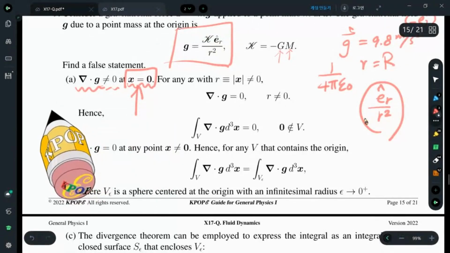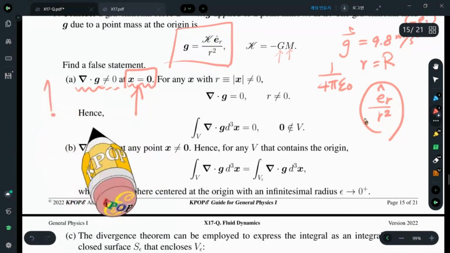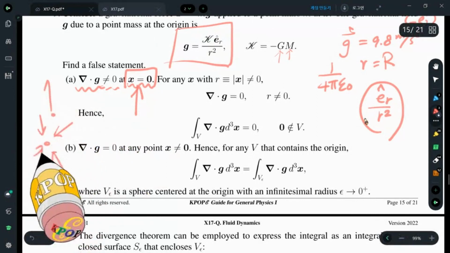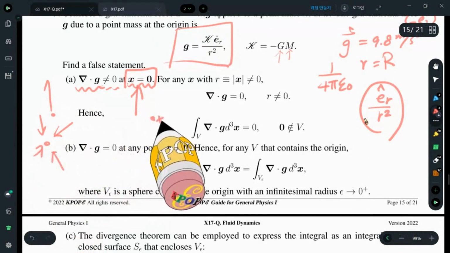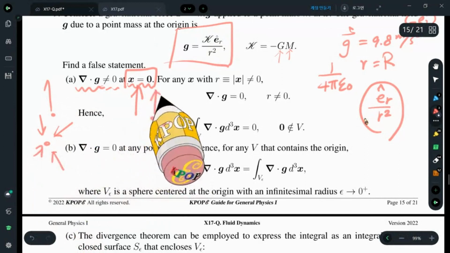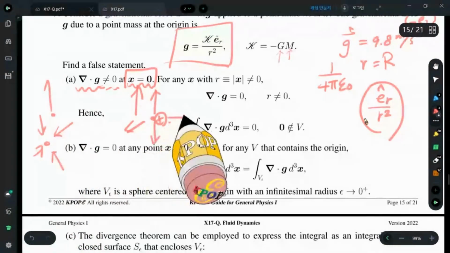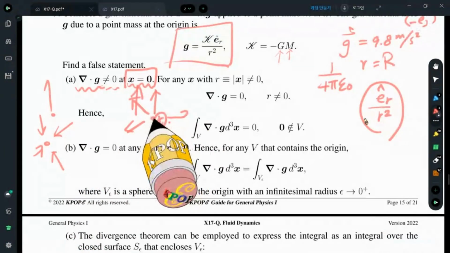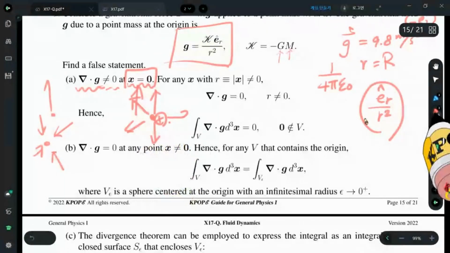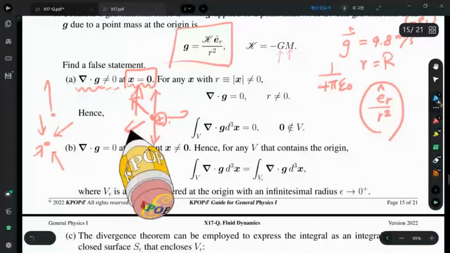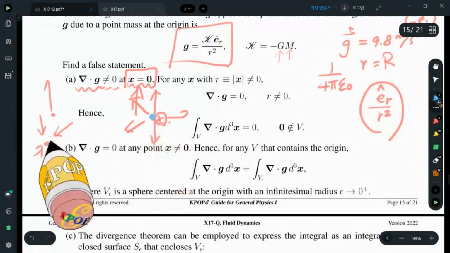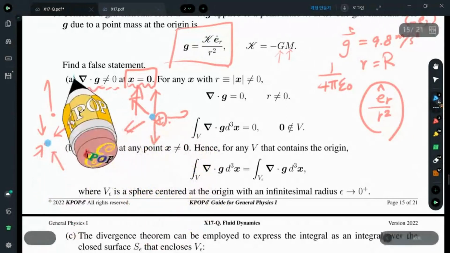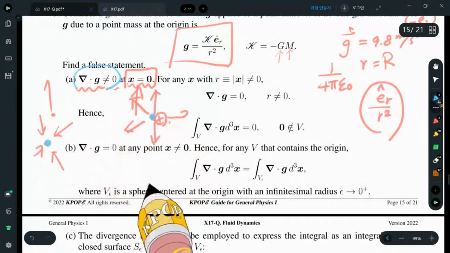You remember this gravitational field is coming into the mass. In case we have a positive charge, the electric field is always coming out of this charge. Except for this singular point, everywhere else the divergence vanishes.